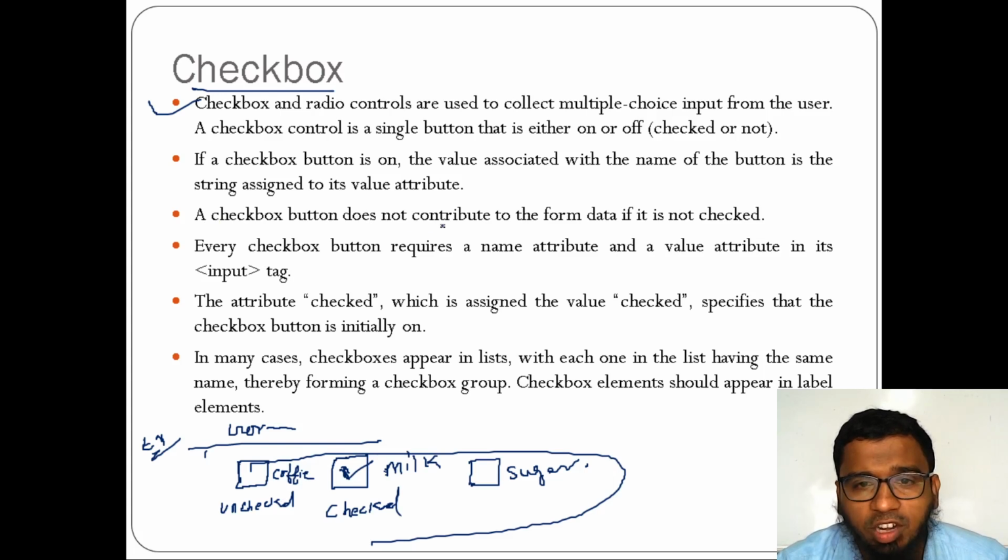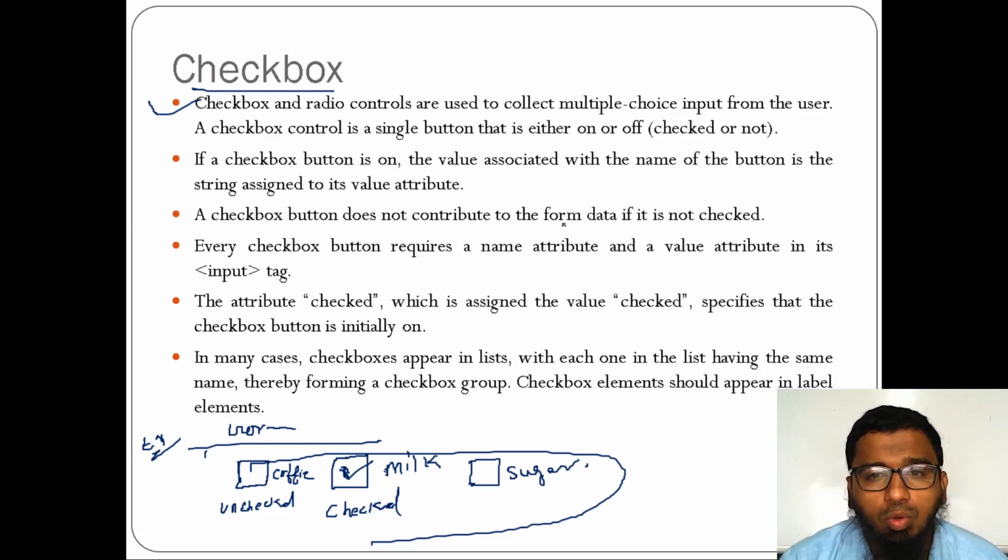A checkbox button does not contribute to the form data if it is not checked. If it is not checked, this value will not be taken by the form data. If it is checked, then only the form data will take the value milk. If coffee and sugar are not checked, these two values will not be taken in the form data.